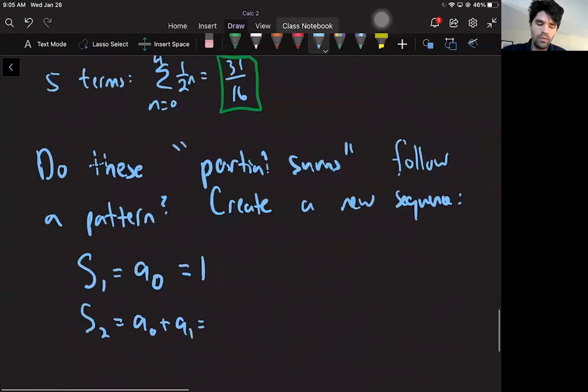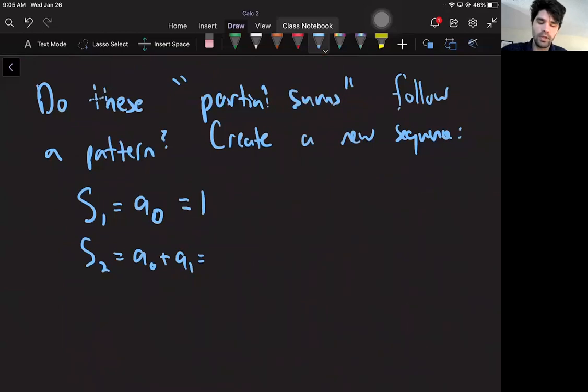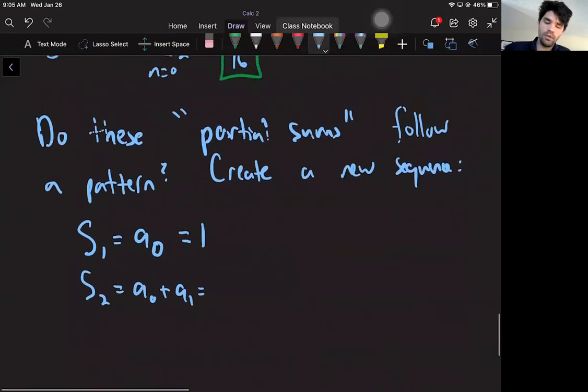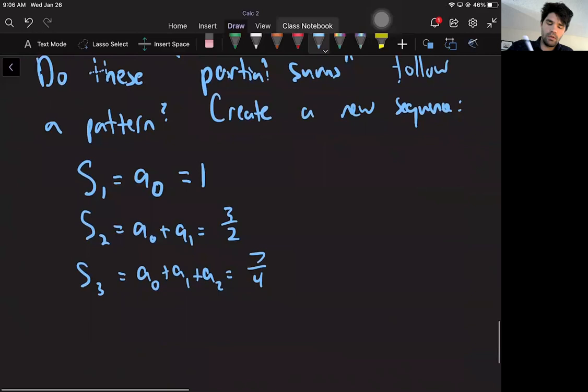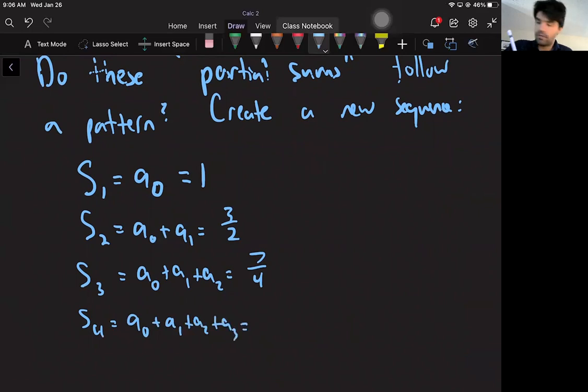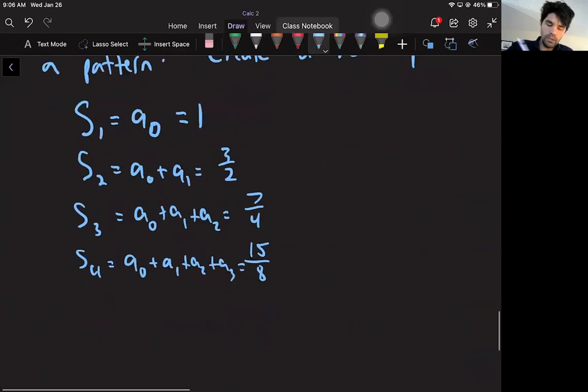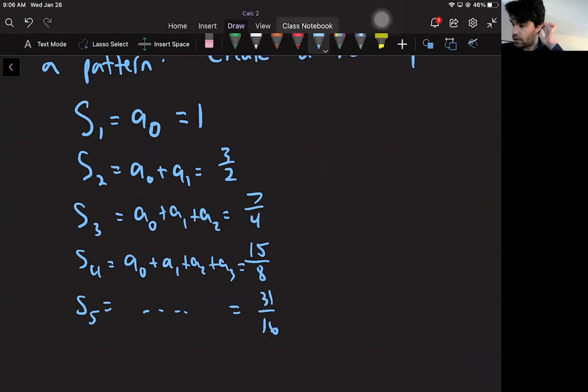So capital S stands for partial sum of however many terms. So S2 stands for the partial sum of the first 2 terms. So that was 3/2. S3 is the partial sum of the first 3 terms, which was 7/4. S4 was the partial sum of the first 4 terms, which was, what was that, 15/8. And S5 was the partial sum of the first 5 terms, which was 31/16.